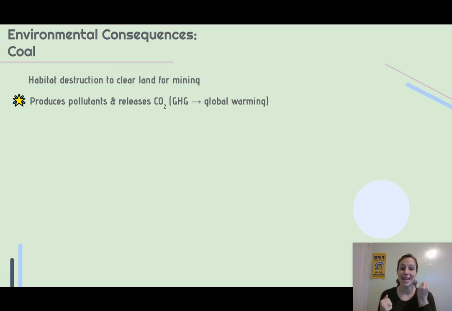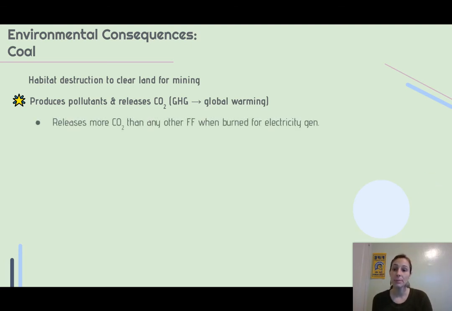Carbon dioxide is a greenhouse gas. It's not a pollutant. It's a naturally occurring molecule in our atmosphere, and the problem comes from it being a global greenhouse gas, which leads to global warming. Pollutants are going to be harmful molecules that are released from this.